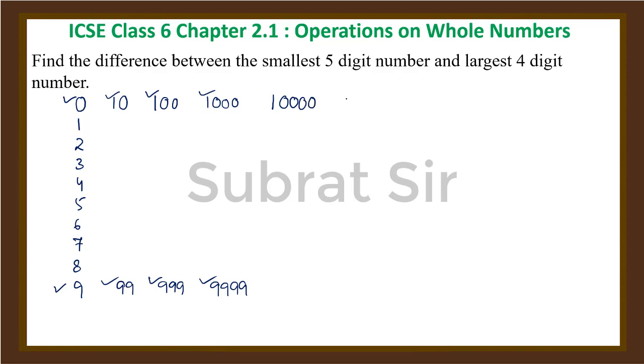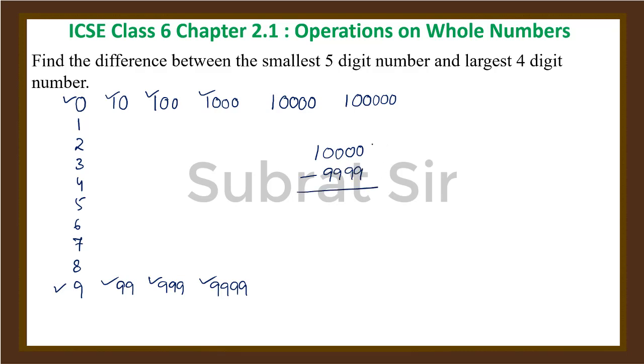The smallest 6-digit number means 1 and 5 zeros. Here, given the smallest 5-digit number and the largest 4-digit number, the largest number means all 4 digits are 9. Then find the difference, 10000 minus 9999.